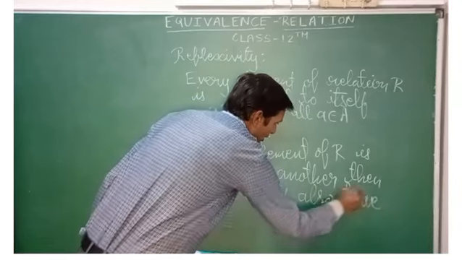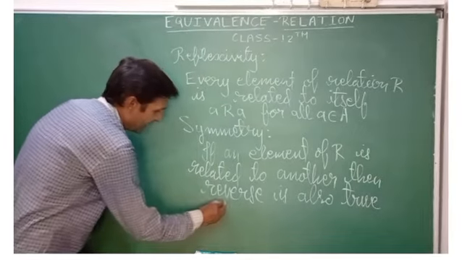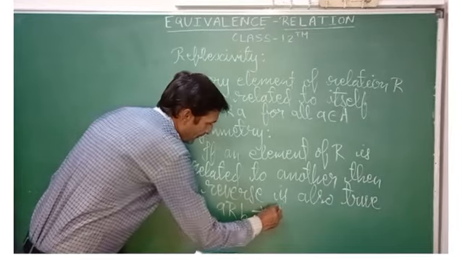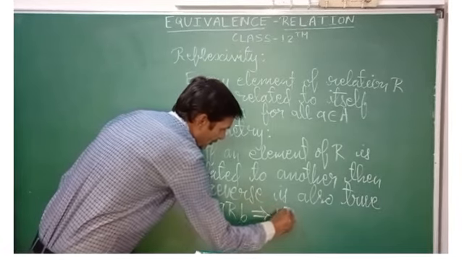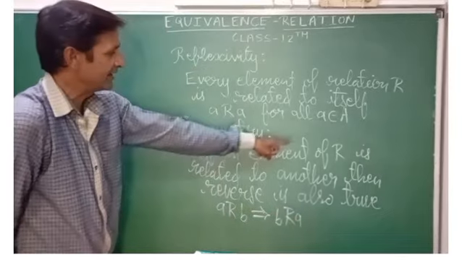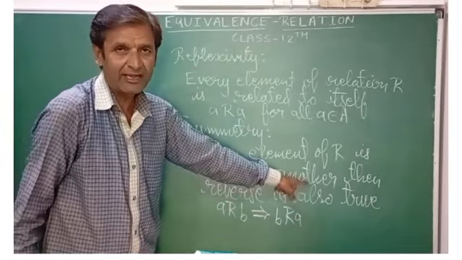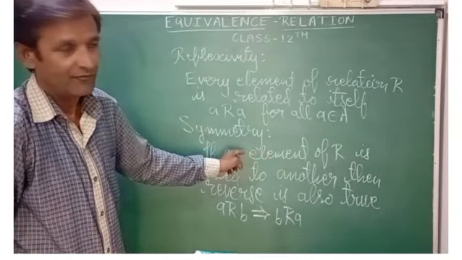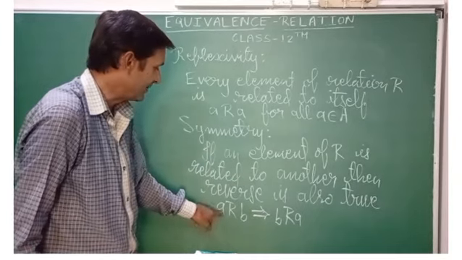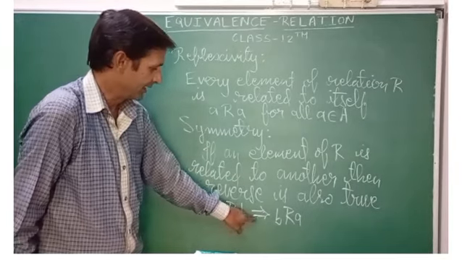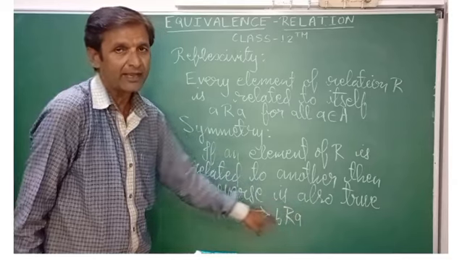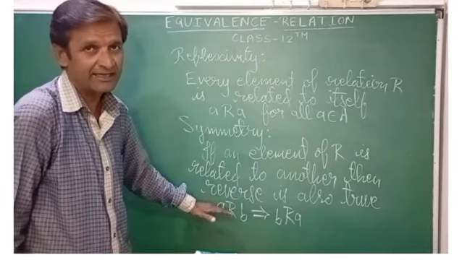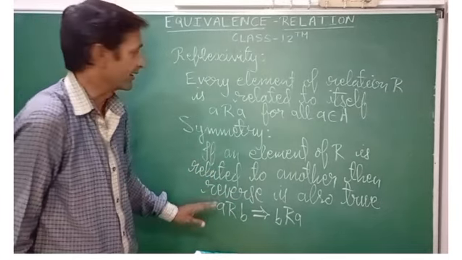Reverse is also true means what? Suppose a is related to b, then it implies that b is also related to a. Means if an element of R is related to another element, then that other element is also related to the first element which is taken. So if any element a is related to b, it implies that b is related to a. Then we can say that this relation is symmetric, or we can say symmetry holds here.